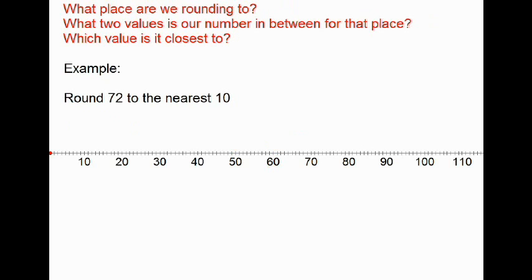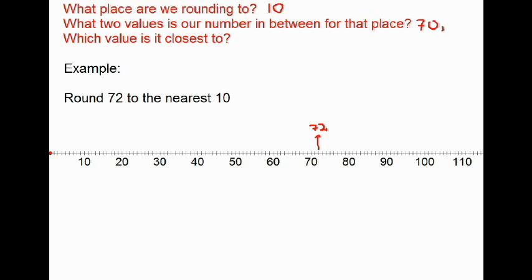Here's another example where we're going to use the same number line again because we're rounding to the nearest 10. So there's the answer to our first question. The place value that we're rounding to is the nearest tens place. Next we ask ourselves, what two values is our number in between for that place? If we're counting in tens, which this number line is, we can see that 72 would be right there. So 72 is in between 70 and 80.